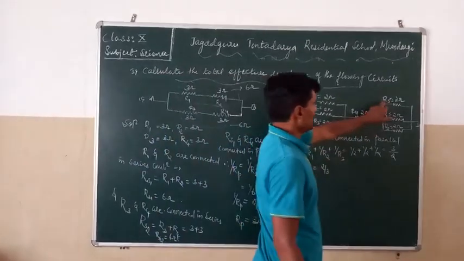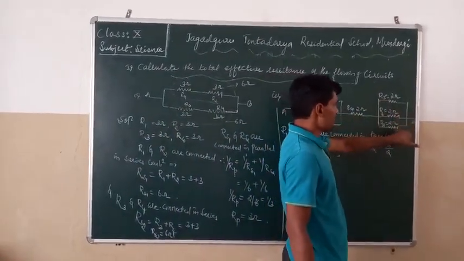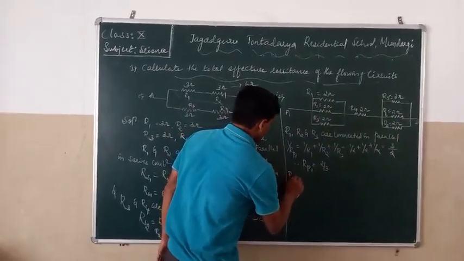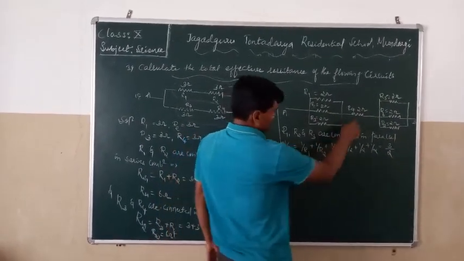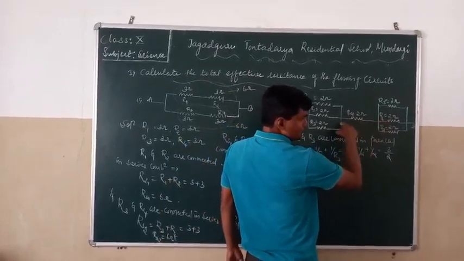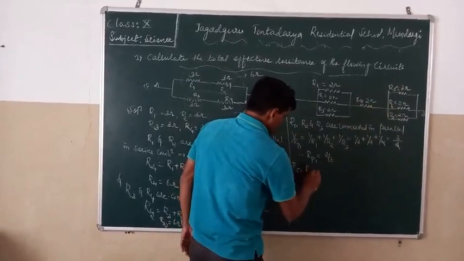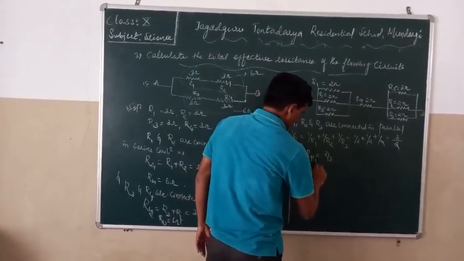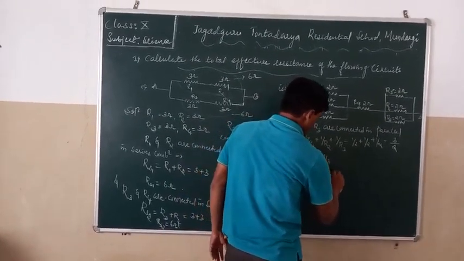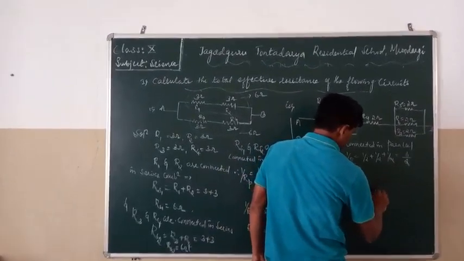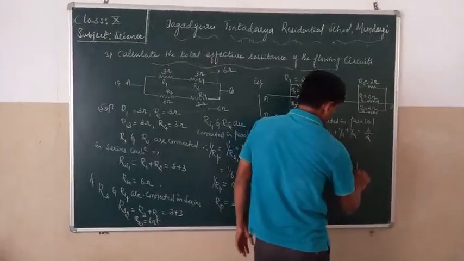Similarly, R5, R6 and R7 are connected in parallel.